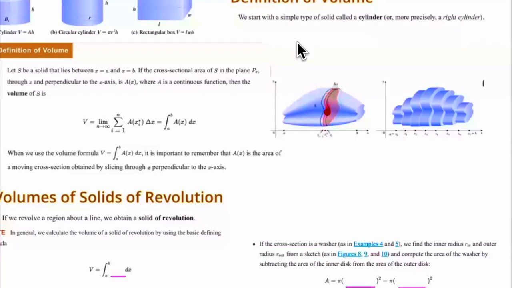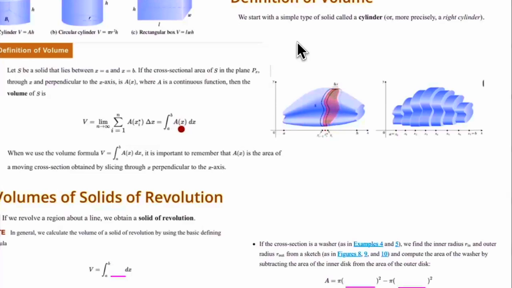So the cross section over here is A of x. For every different x, when you move the x, you see the cross section change. Sometimes the cross section is like that, sometimes like that. So this cross-section area is a function of x, which is why I call it A of x.